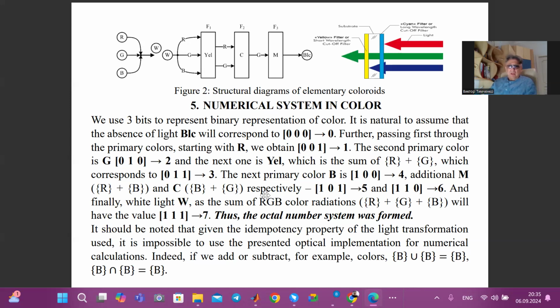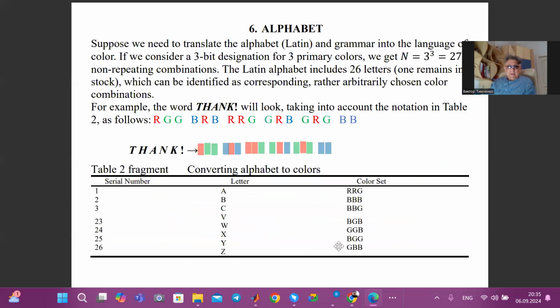Thus, the octal number system was formed. It should be noted that given the idempotency property of the logic used, it is impossible to use the presented optical implementation for numerical calculation. For this, we use subtraction of colors, for example, and demonstrate these formulas.